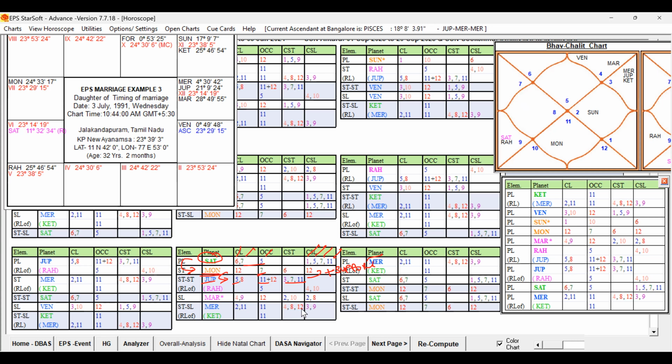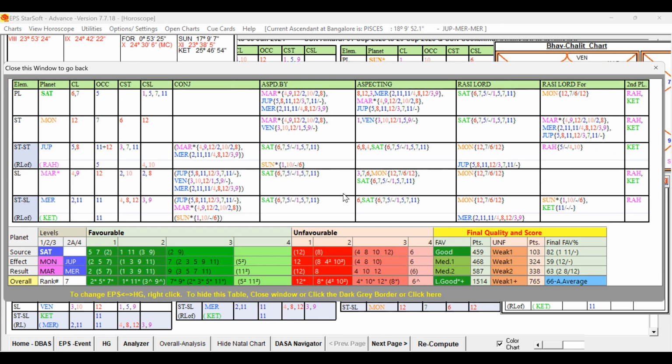And of course, 8 and 12 are giving some obstacles to the Mars. In this case, suppose Mars is also having some other key planets in the support, especially Saturn. You can see Mars is aspected by Saturn, right? So it means that Mars is under the influence of the Saturn, and also Mars star lord is also favorable.